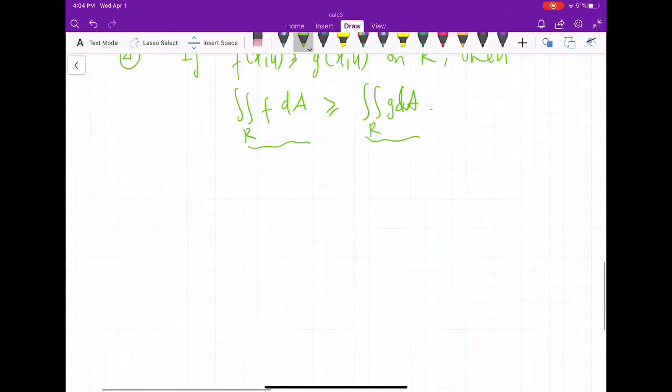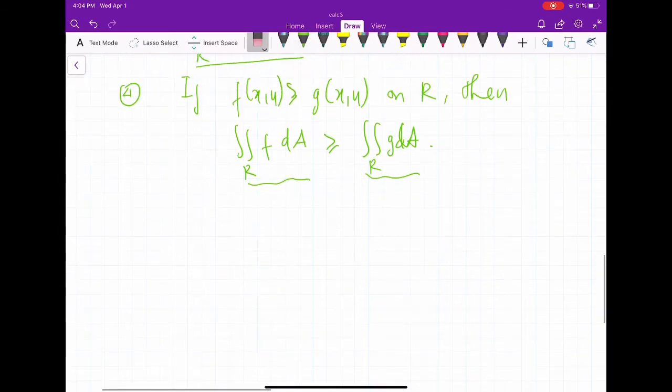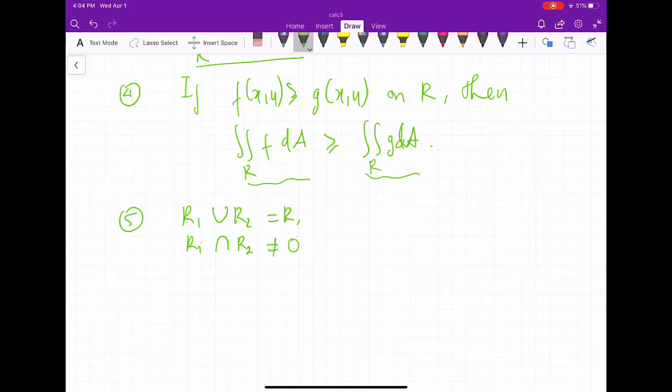Okay, and then if you break R into R1 and R2, such that R1 and R2 don't intersect each other. I mean, they may intersect, but only along some line, so they don't have common area.